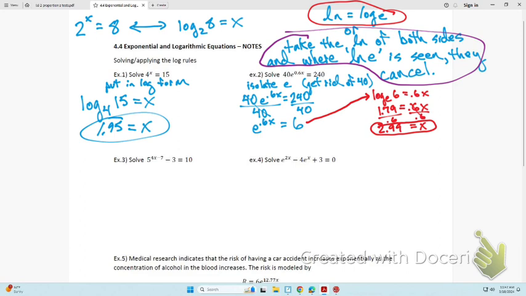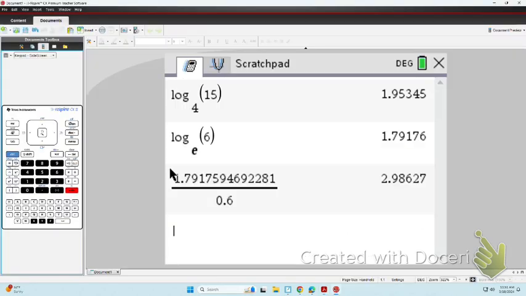Let's do it the purple way. What if I take the natural log of both sides? That's going to cause the e to disappear. And all we have left is that. Now you still have to type in natural log of 6.